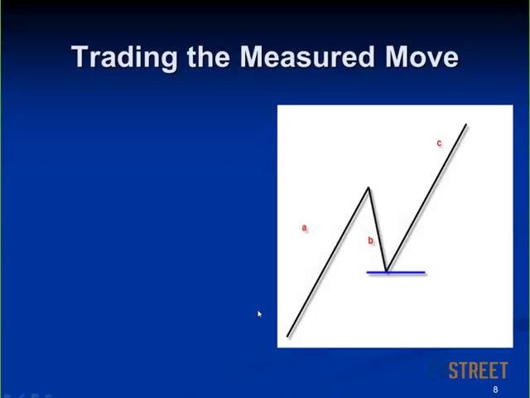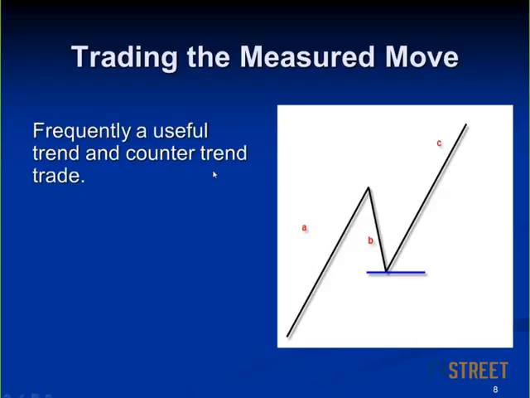We can start to talk now in terms of a little bit of Elliott wave theory, because this is a part of Elliott wave theory. And Elliott wave theory tells us that we are likely to get an A, B, C move. So it's sometimes useful in a trend and sometimes in a counter trend move.